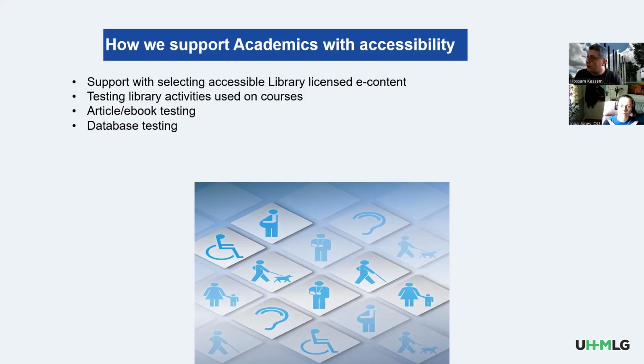So when module teams select articles or book chapters to use on the module, these are put through for testing. I'll talk more about what we test later. We test them and make sure if they are accessible, great, fine. We don't need to do anything. We just put links to these materials or ask the students to find this information themselves and read it.